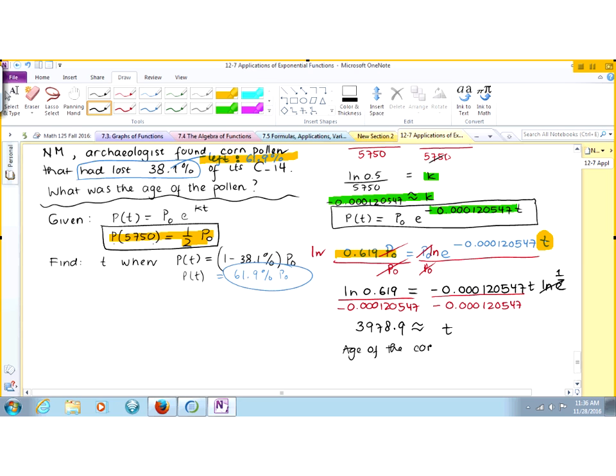So the age of the corn pollen is approximately 4,000 years. That's amazing, isn't it? So they started agriculture 4,000 years ago.